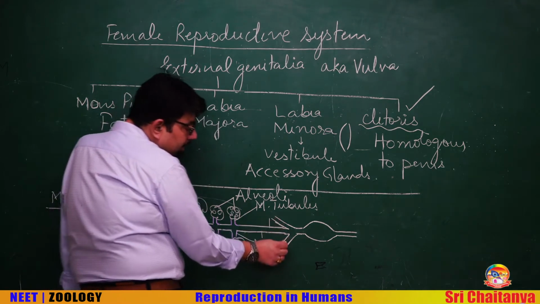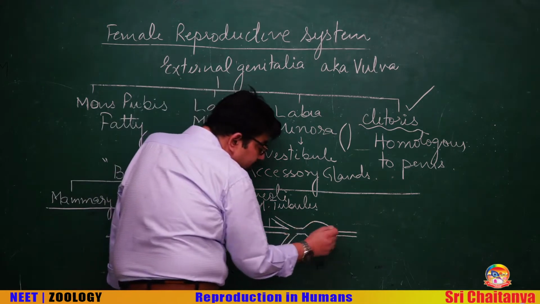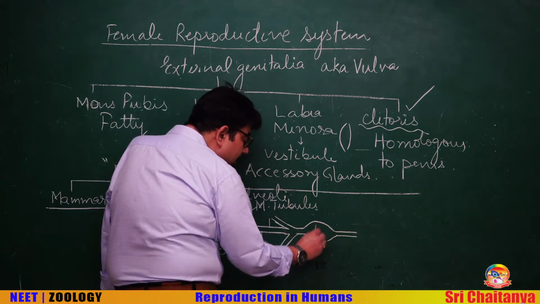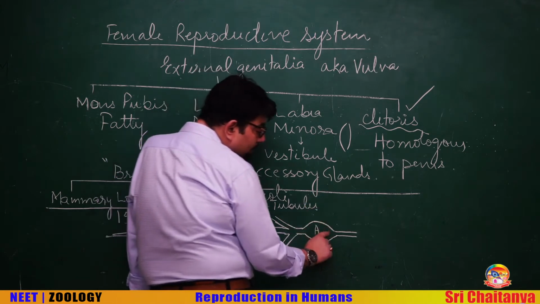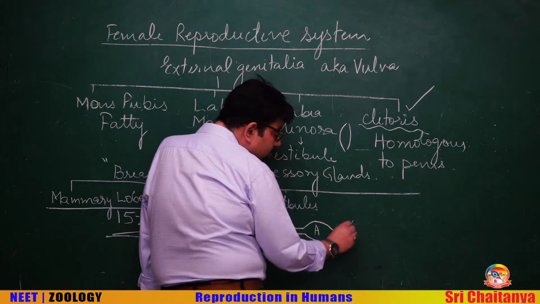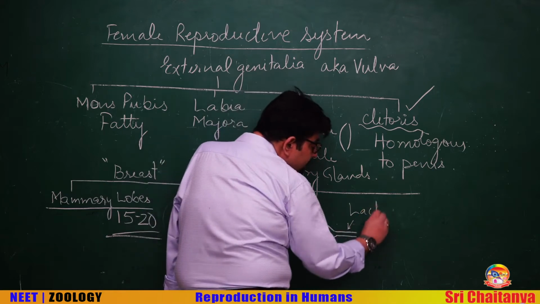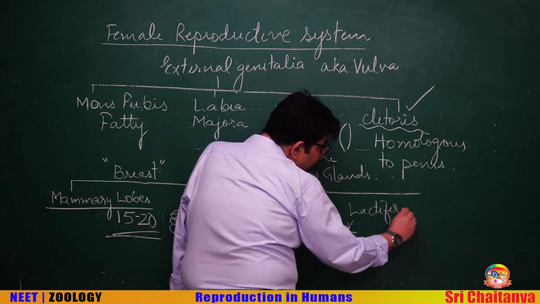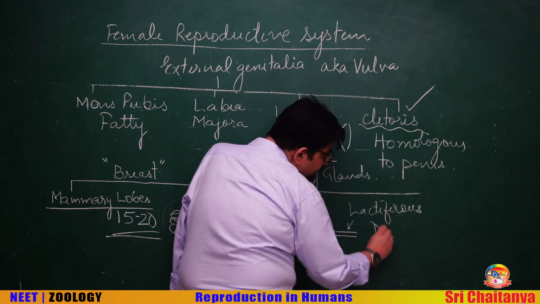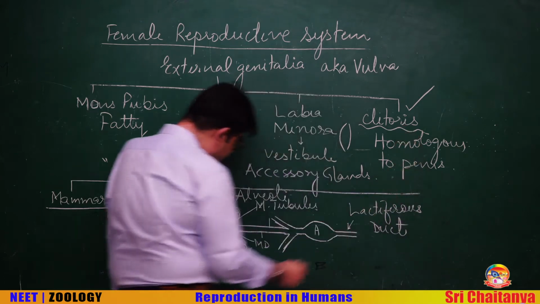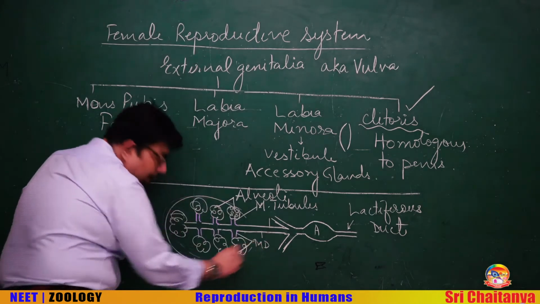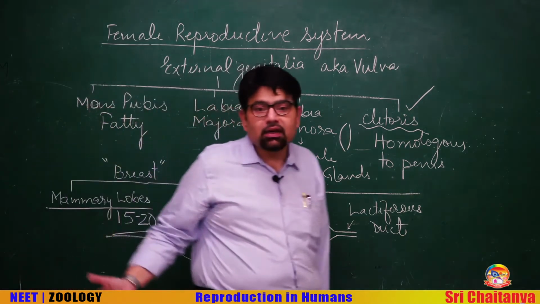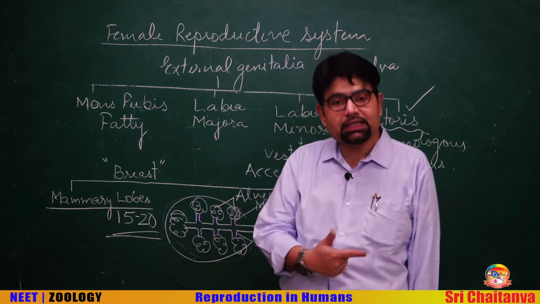Many mammary ducts open into this wider space which is known as ampulla, mammary ampulla, and each ampulla opens to the outside through this lactiferous duct. Now, this is important, children, and this is one mammary lobe, similar to this, 15 to 20 in each breast.